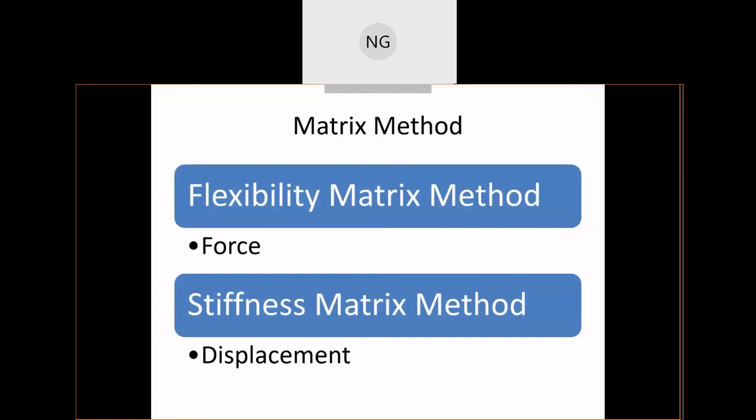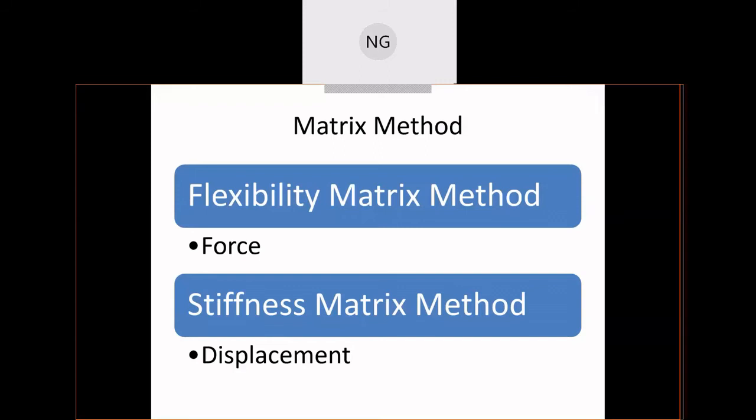We observe this: in the flexibility matrix method, we find the forces by knowing the displacement; in the stiffness matrix method, knowing the forces, we find the displacement. This is the vice versa of these two methods, but finally we find the end moments present in a member by this matrix method.